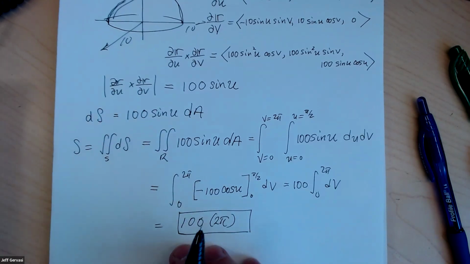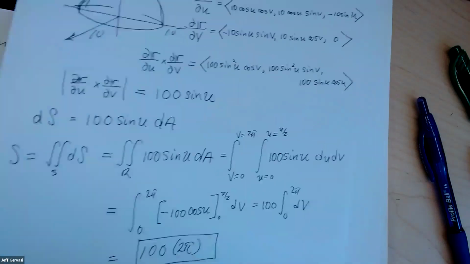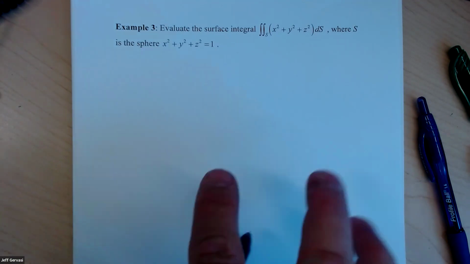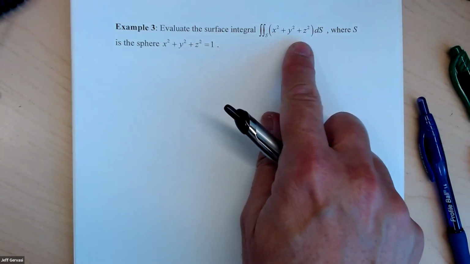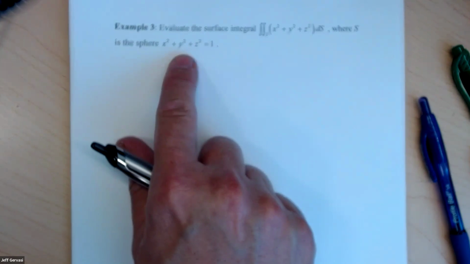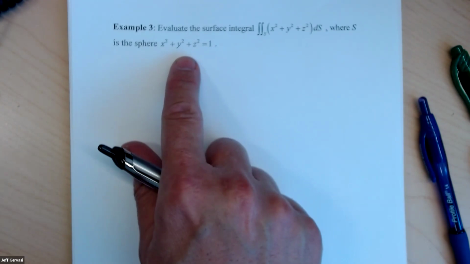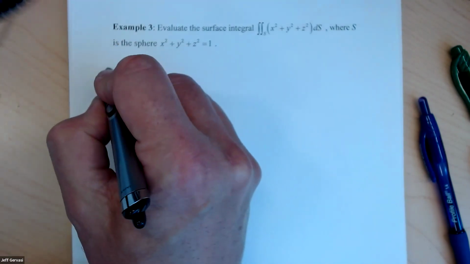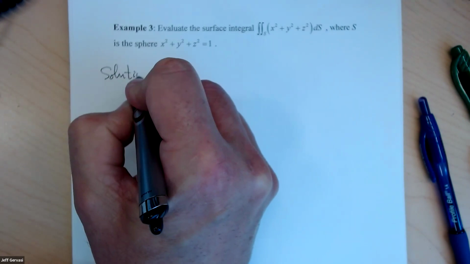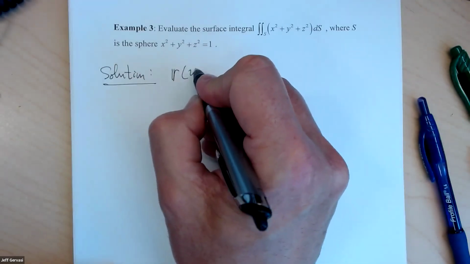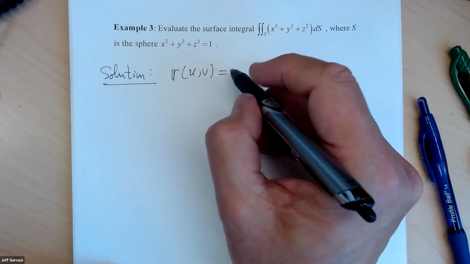All right, now my next example, everybody, is an example of a general surface integral. Evaluate the surface integral of x squared plus y squared plus z squared, where S is the sphere x squared plus y squared plus z squared equals 1, the unit sphere, because the radius is equal to 1. For this one, the parametric equations of our surface are going to be these.